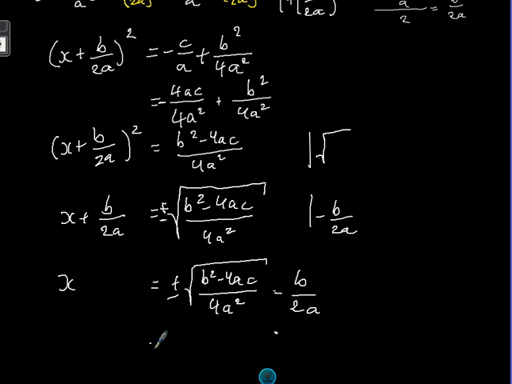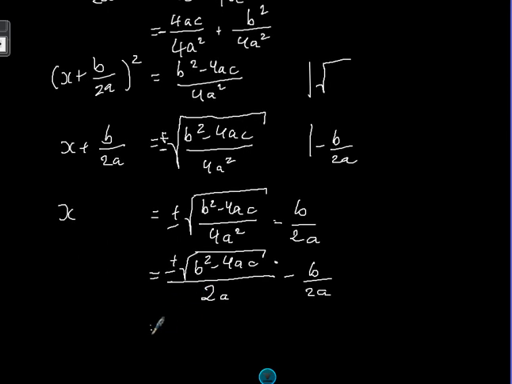So, I'll write the following. That's underneath the square root, and the square root of 4a squared is 2a. And here I also have b over 2a. Notice that I've got the same denominator.